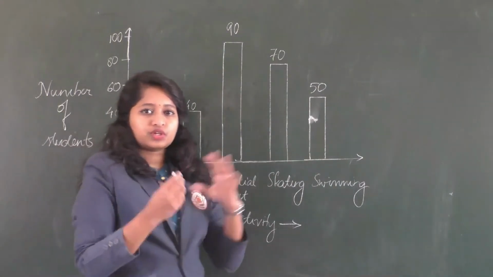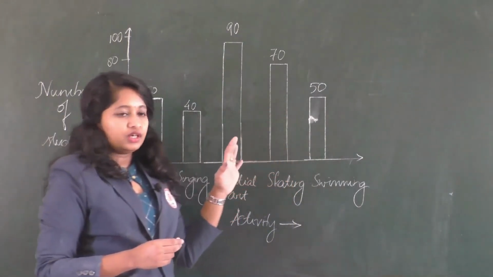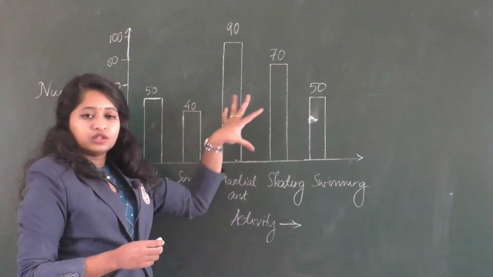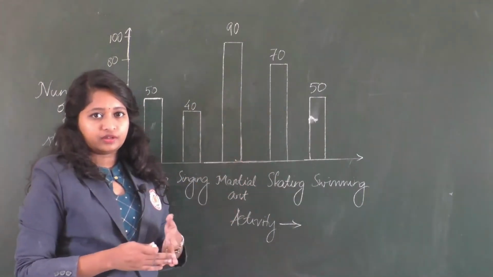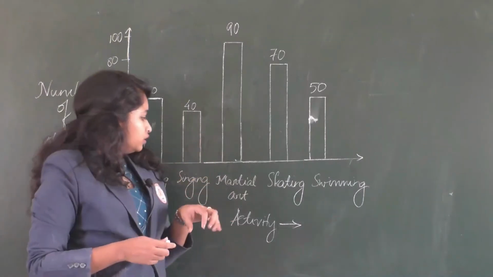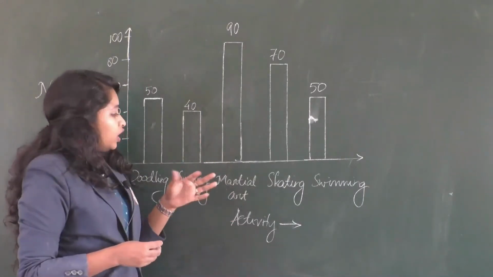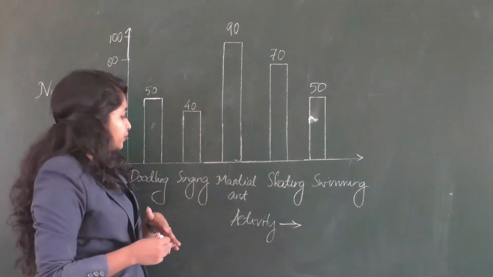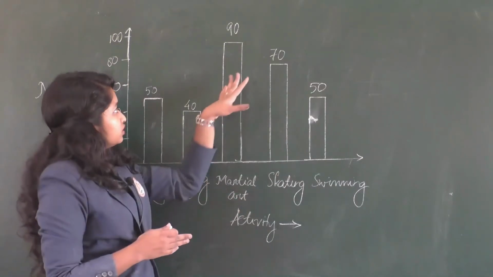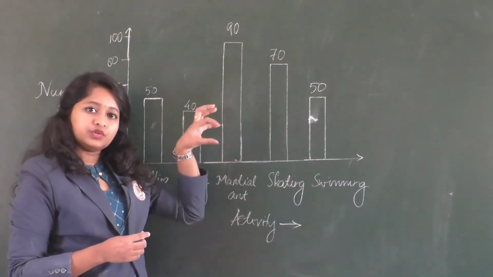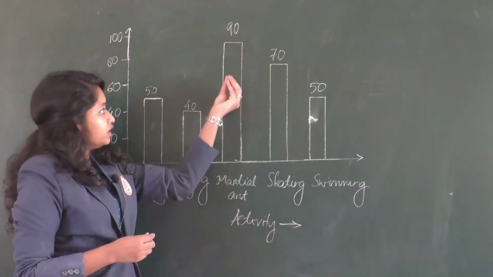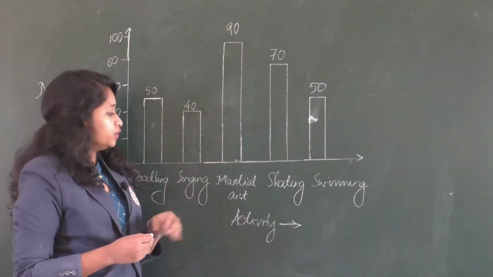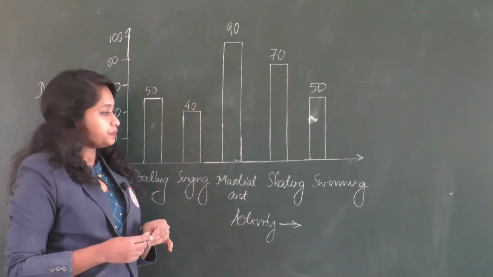If you get questions related to this data, you can easily look at this bar graph and find the answers. For example, if you get a question like how many students like martial arts, it is 90. Using this bar, you can easily find the answer.